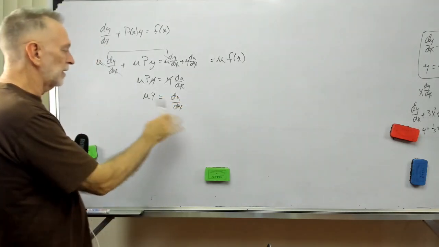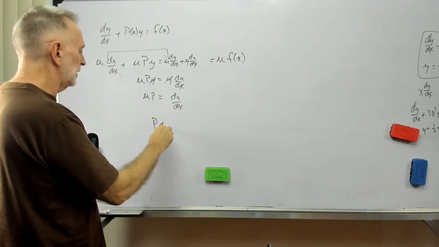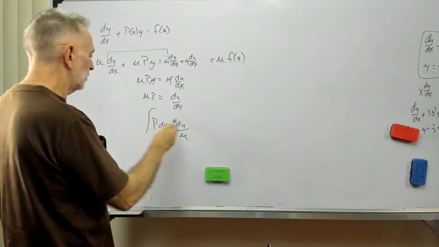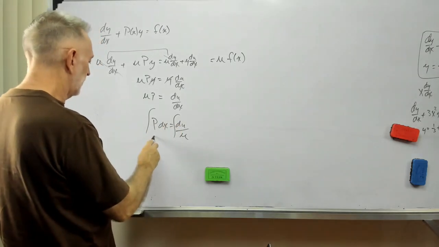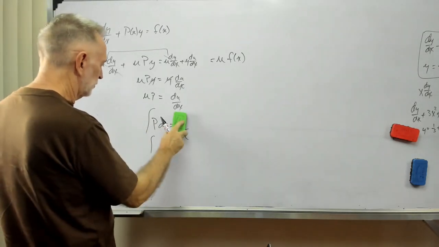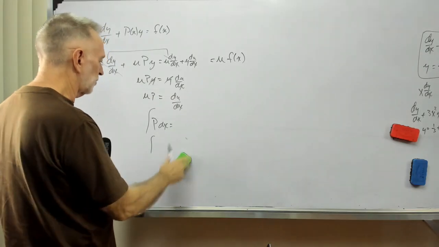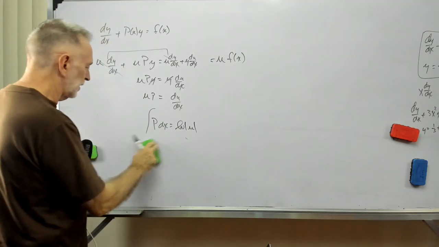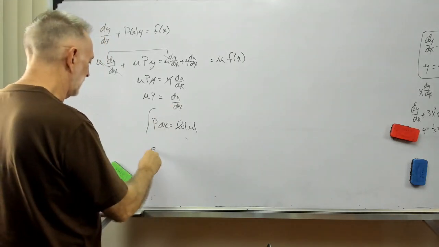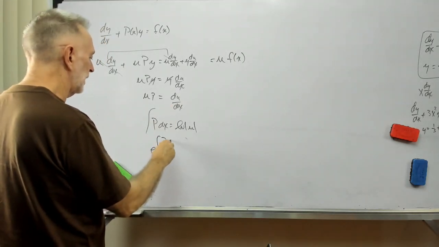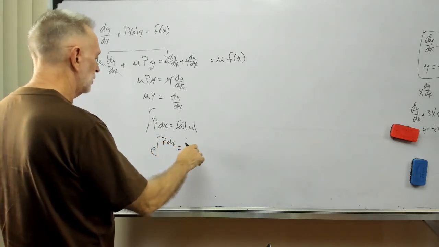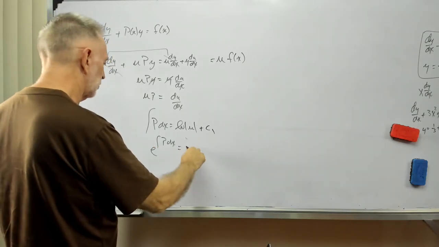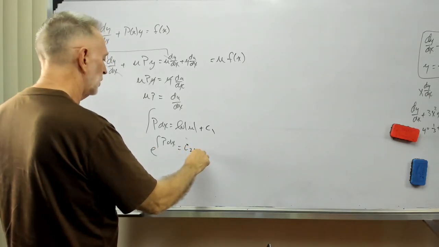So u p equals du/dx. I can separate the variables now. p dx equals du over u. If I integrate both sides, the integral of p dx equals the natural log of u. Now if I raise both of those to e, I have e to the integral of p dx equals, well, this would be plus c1, so this would become c2 u.